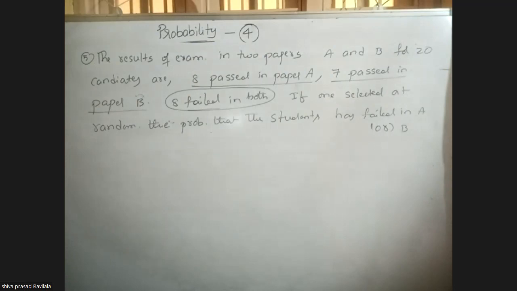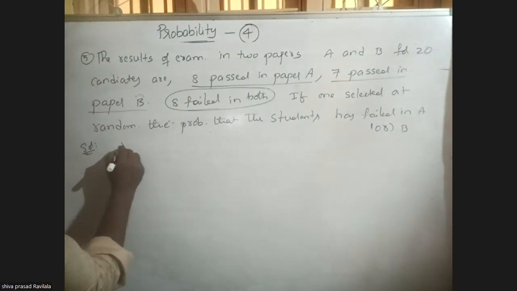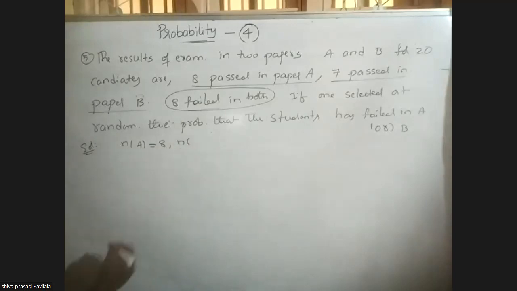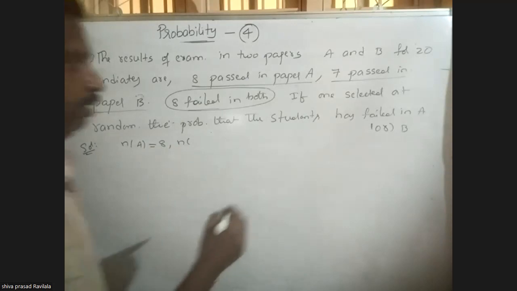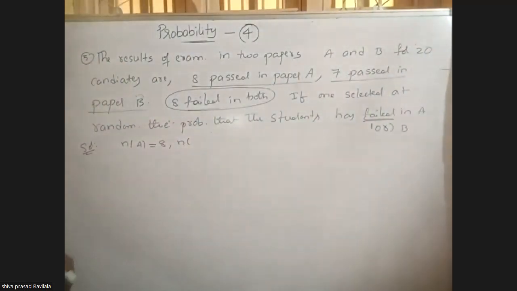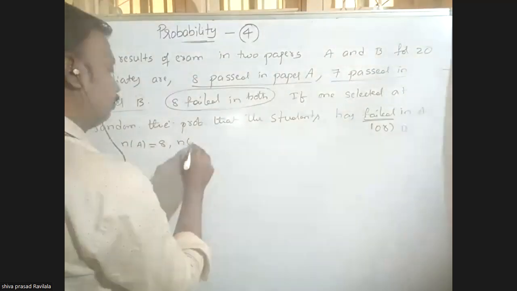Probability of selecting the student who failed both A and B. You can observe here. A union B means A passed, B passed. They ask failed, not passed. Intersection means both. They didn't give both failed.